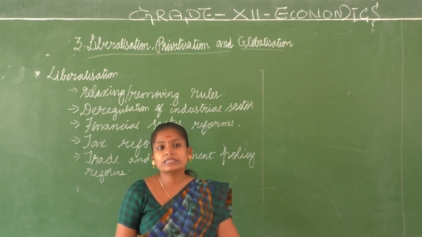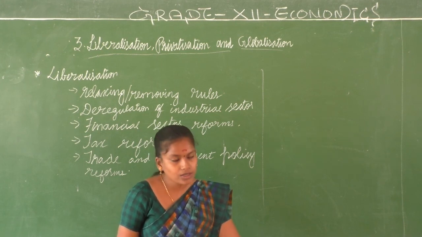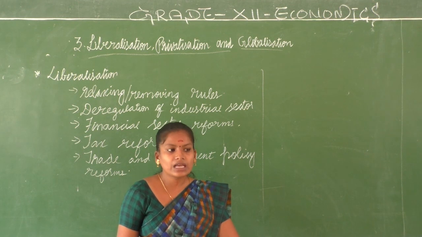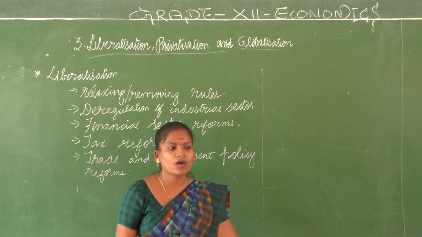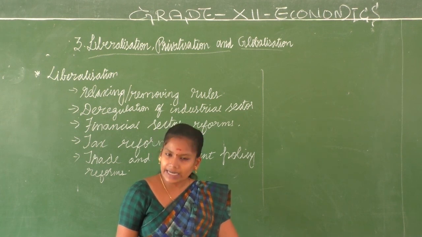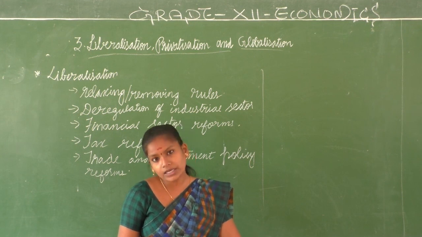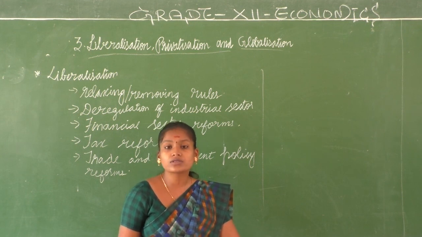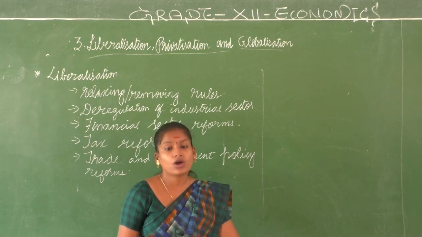So what happened? This import substitution was removed, import licensing was abolished. The quotas and tariffs were changed. So the domestic producers also had international competition now. Since international products were allowed, they have to produce quality goods, otherwise their products will not stand in the market. Isn't it?